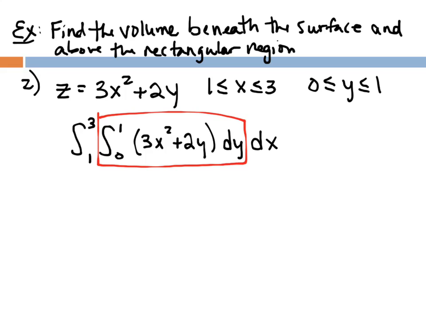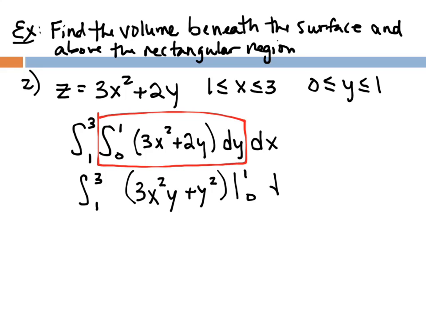So when I take the integral of 3x squared, I get 3x squared y. And when I take the integral of 2y, I get y squared. I need to evaluate this at 0 and 1, and in a moment we will do the second piece. For now I just need to have it written there, still working inside my red rectangle.